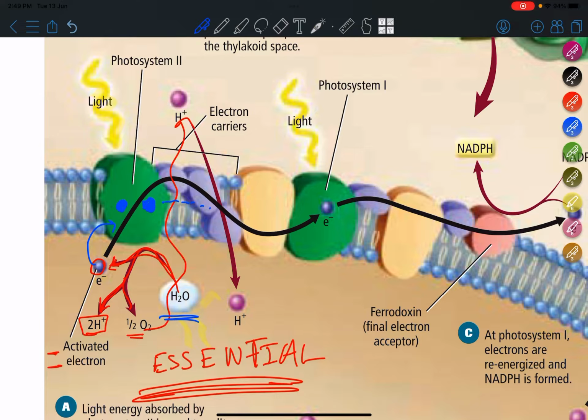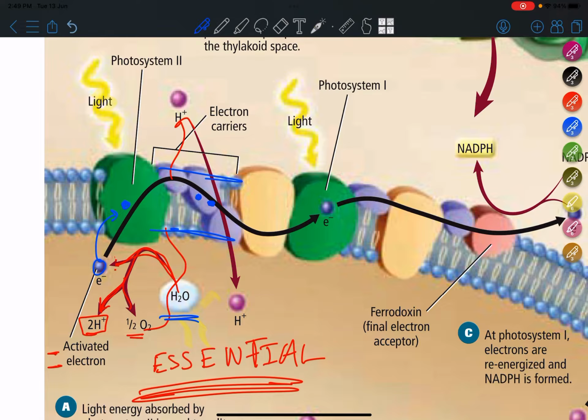Now, what happens to the electrons now that they're out of photosystem 2? Well, you have the 2 that have left photosystem 2. The excited electrons are going to move from photosystem 2 to an electron acceptor molecule in the thylakoid membrane, which means this is the membrane, by the way.